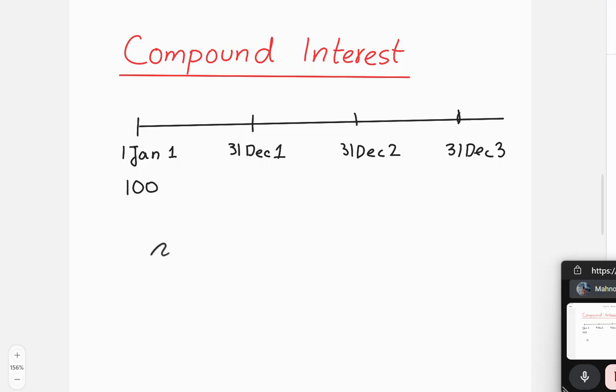So you gave the money, £100, at the beginning of the first year. Now what happened? The bank is going to give you 10% interest at the end of the first year. So how would they work it out? Annual interest.